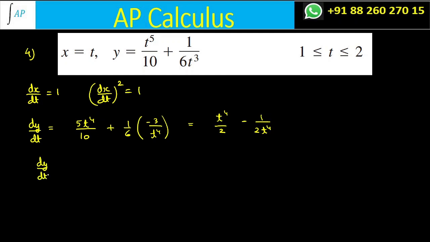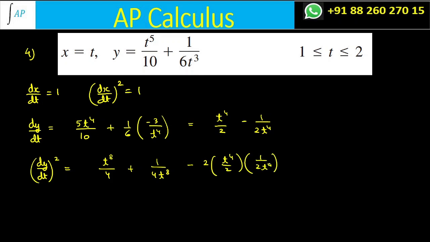Now we have to do dy over dt whole square. If you do the squaring of this also, it will become a square plus b square, and this will be minus 2ab, so minus 2 times a times b.